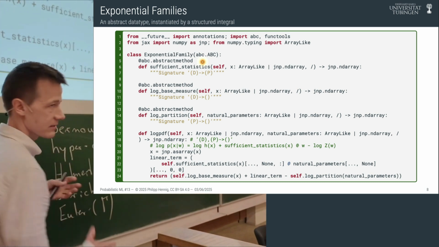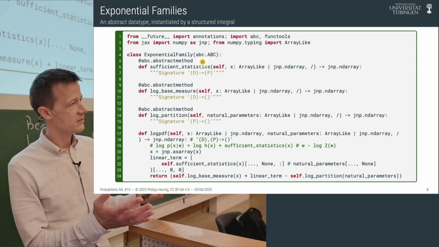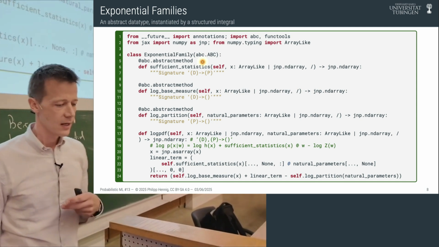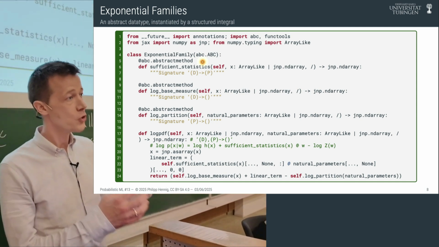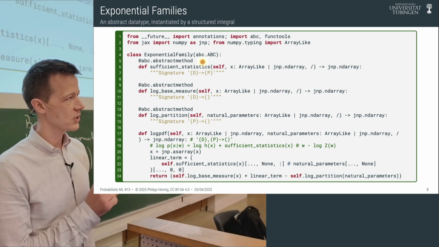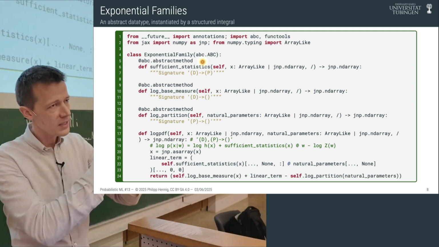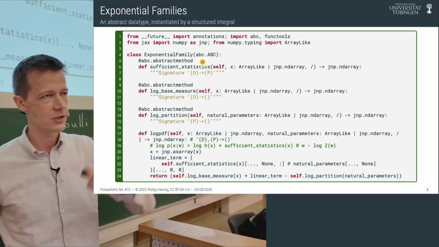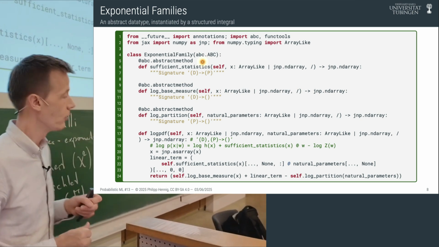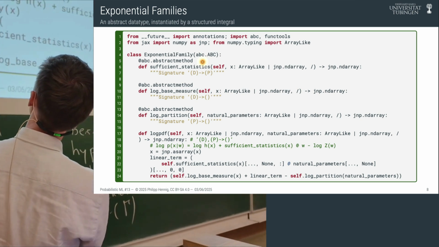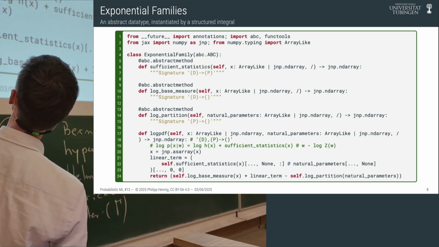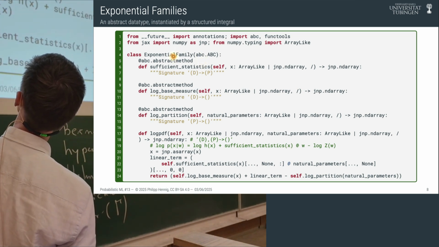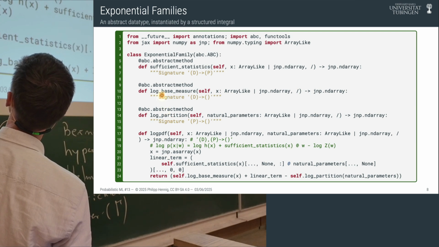What's an abstract base class? It's a class that already has methods defined that aren't instantiated yet. And then it turns out that if you know that some of these methods are going to be instantiated by a constructor, then you can predefine methods on that class that become callable the moment you instantiate the class, right? So the definition from the previous slide basically says, to define an exponential family, you need to give me 3 things.